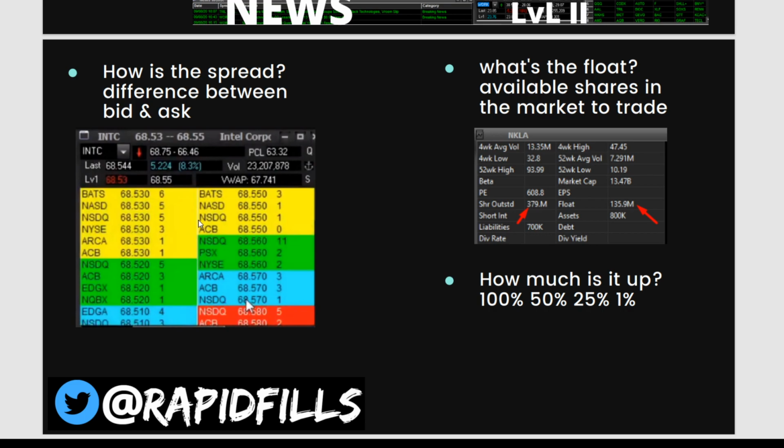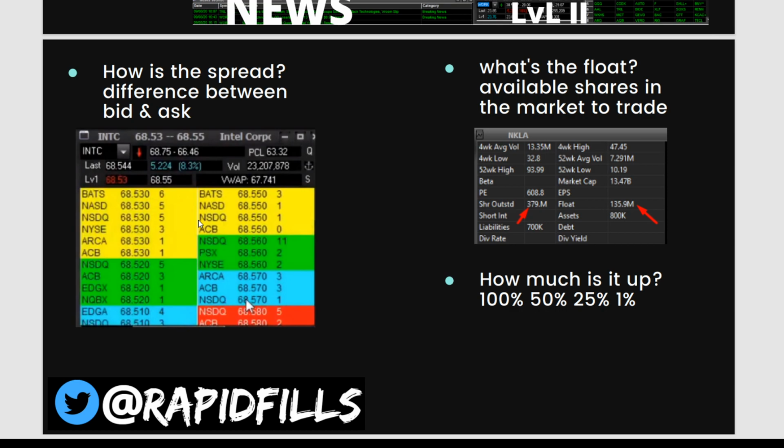So I want to know the difference between the bid and ask, because I want to determine the size. I don't want to get in full size on a stock that might fill me, maybe $2 from the top, and I get filled all the way at the bottom just for the stock to reverse on me. I usually don't trade those stocks.